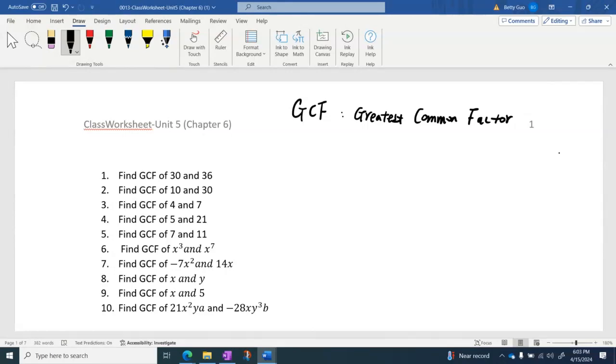The first special case: if we have two numbers, one is smaller, the other is bigger.